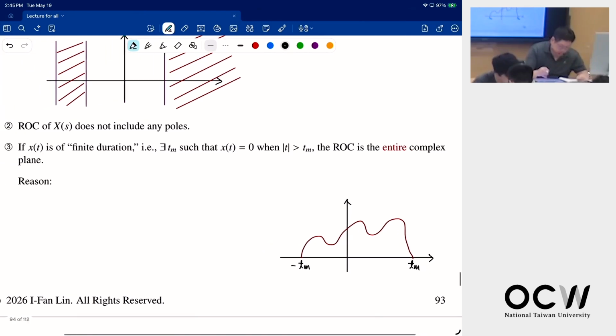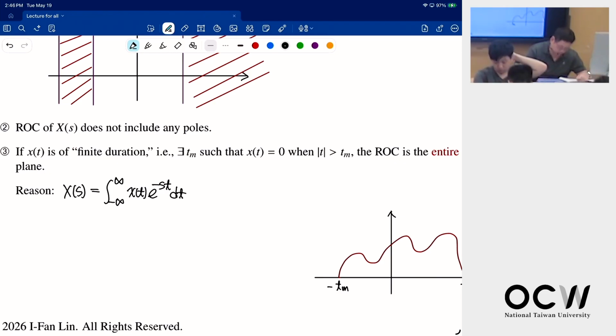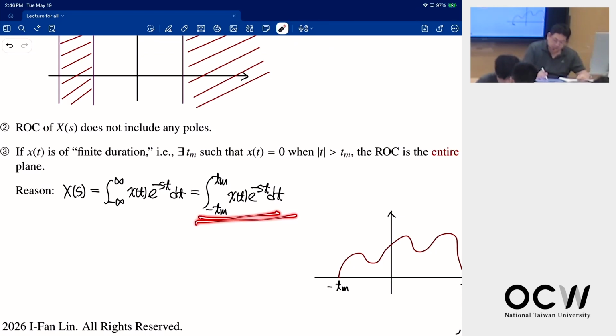Because when I do the Laplace transform, I only have values from minus Tm to Tm. These may converge as long as the signal is bounded.